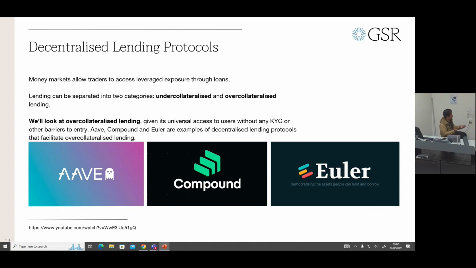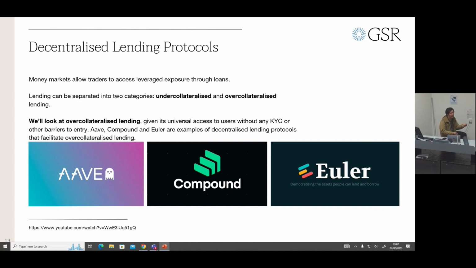That's one of the main reasons why a lot of DeFi is circulated around decentralized lending protocols.